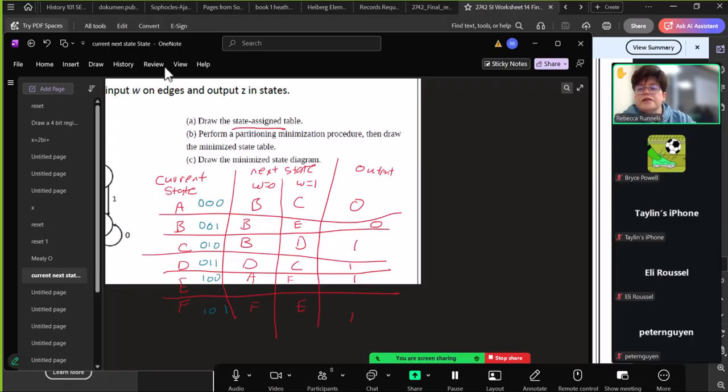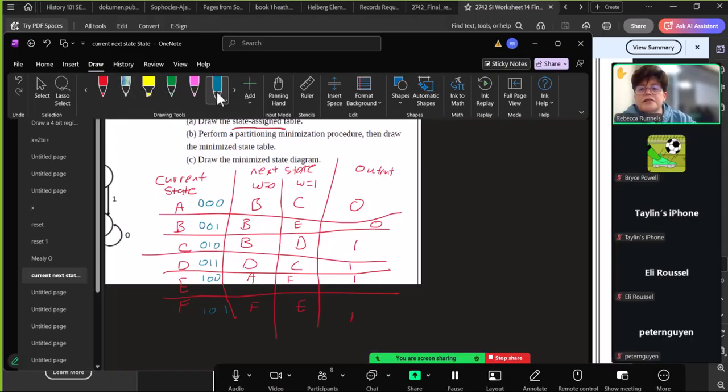The other difference is when we do our state assigned table, we have to add a little something. On the state table, we only need to put the states that we have.